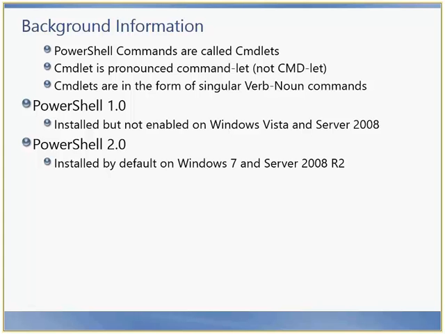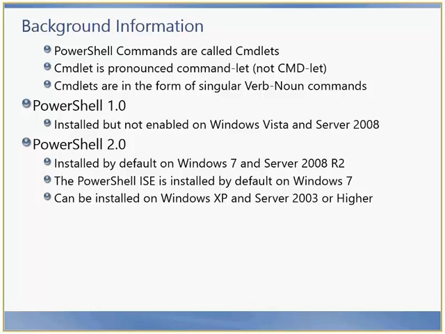I've got Windows 7 or I've got Windows 8, and where do I go download it? And it's like, hey, you've already got it. And the PowerShell ISE is installed by default on Windows 7. And I had somebody ask me, okay, what's that acronym? What's ISE? It's the Integrated Scripting Environment.